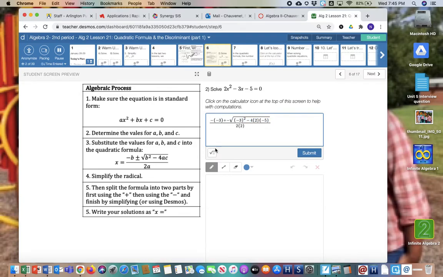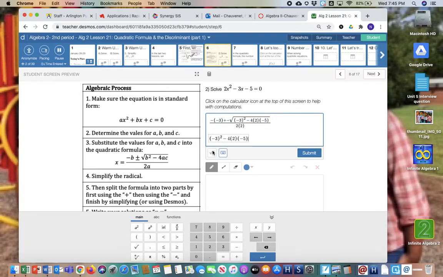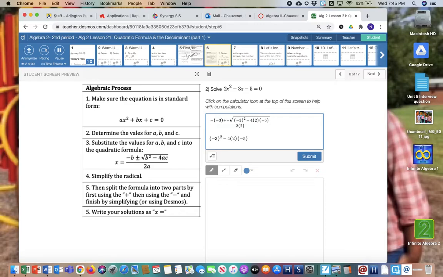Now we're going to get our value. So this is what we need to do. Negative 3 squared is 9. And then you do negative 4 times 2 is negative 8.